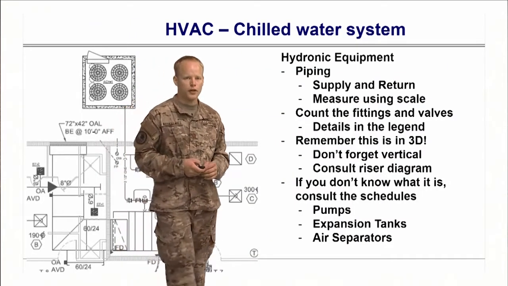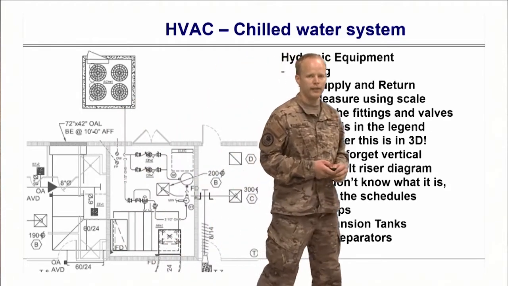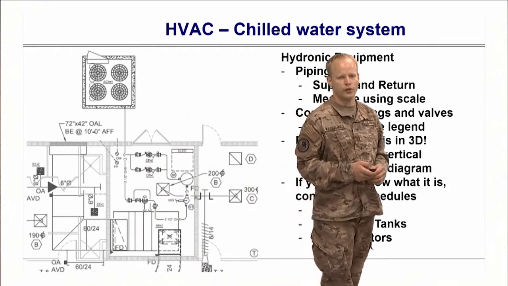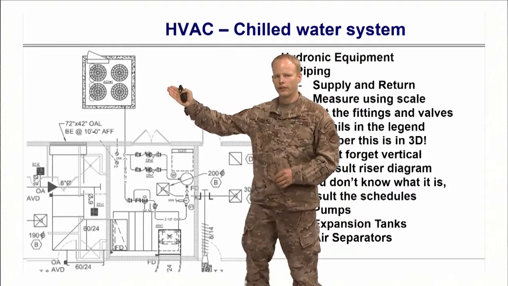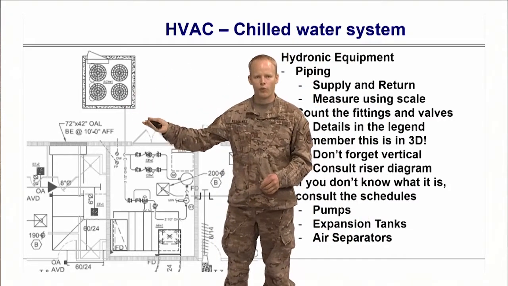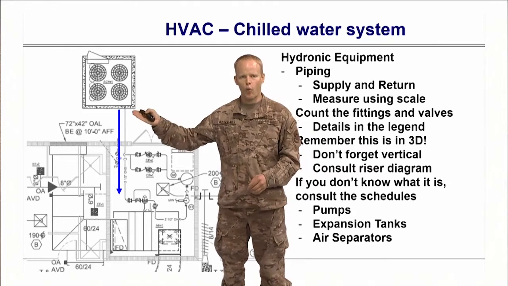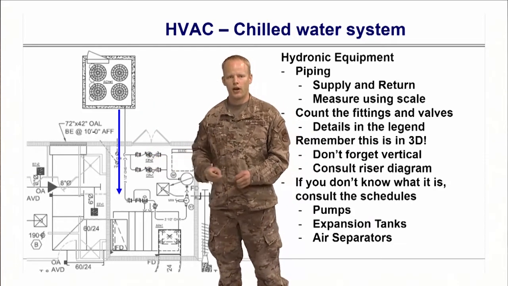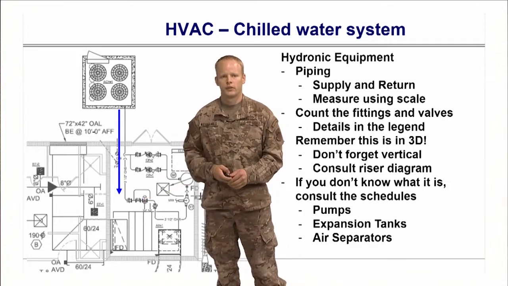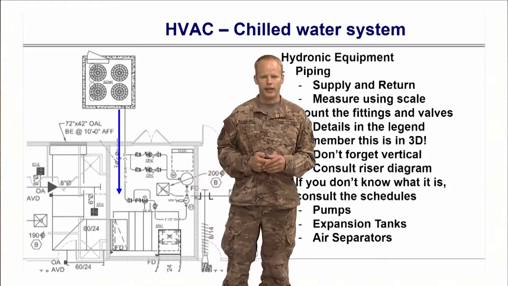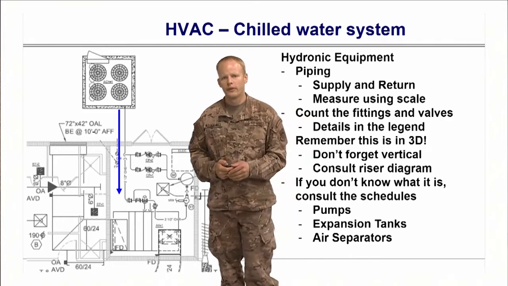So, our chilled water system for the EOD set: we have our heat source located over here. There's our air-cooled chiller, and we have a run from which we bring water into our mechanical room and down to our air handler. So if we're going to do this quantity takeoff, you can measure your piping using a scale.